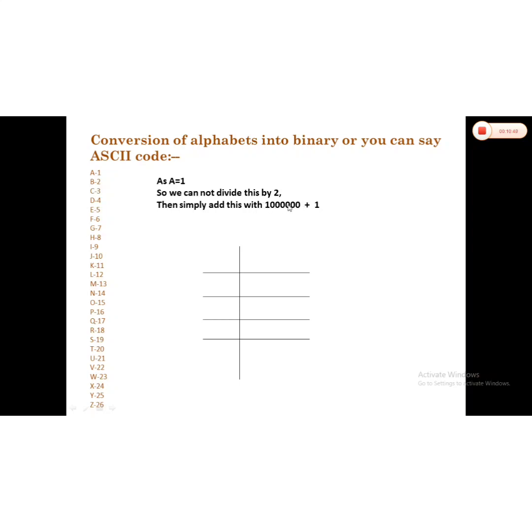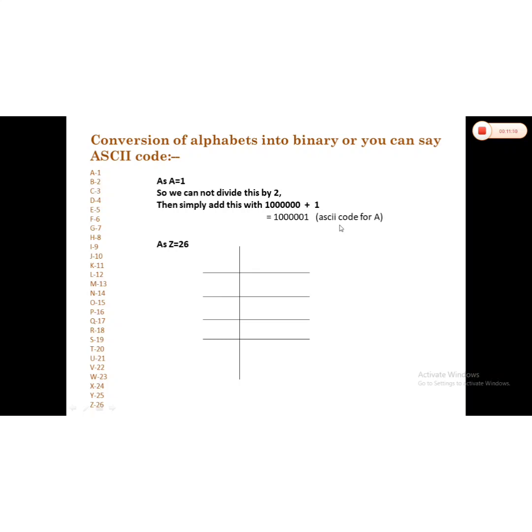These numbers represent the 7-bit code, and you need to add up this 1, because we cannot divide this 1 by 2. Then you will obtain your ASCII code for A. And let's see another example, that is 26.